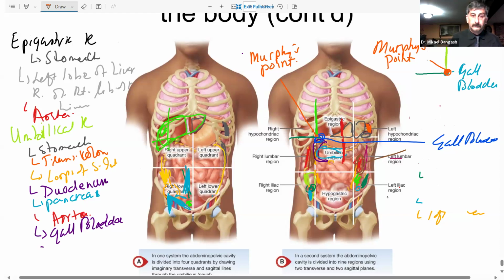So clinically, how would somebody try to determine whether something is going on with your gallbladder or not? They may push on what they call Murphy's point. And if that induces pain.